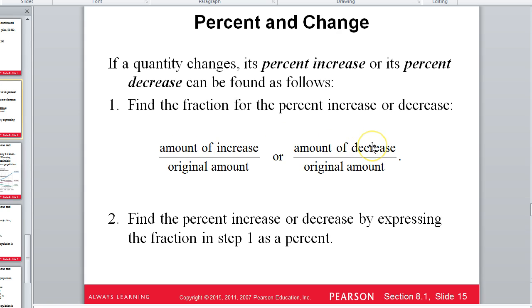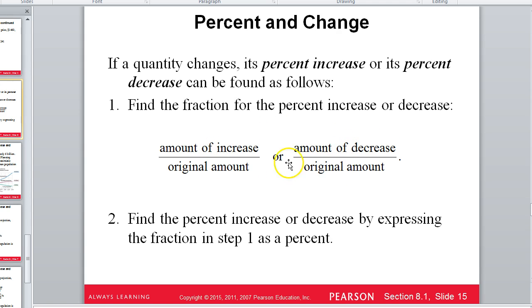Or if it's like a car depreciates, so it's a decrease instead of an increase. And then you always divide by the original amount. So what I bought my car for when it was new, subtract that what I sold it for, that's the decrease, and then I divide it by, again, the original price, the new car price.